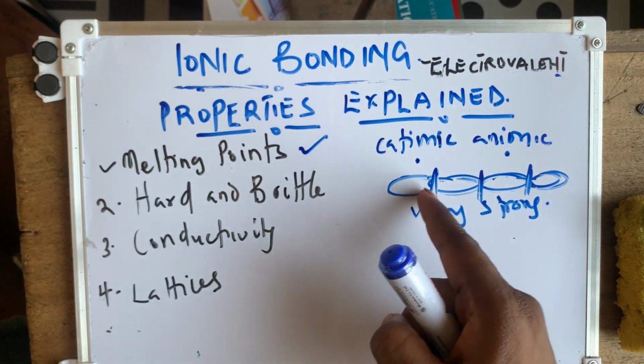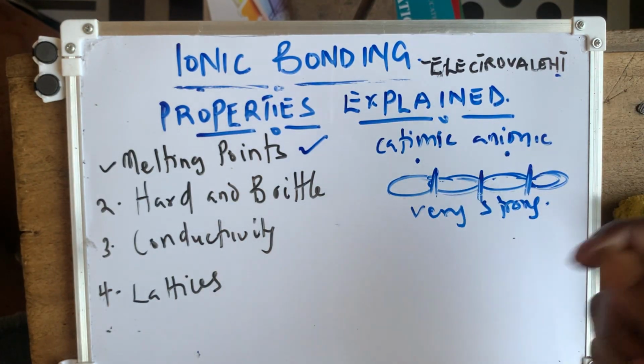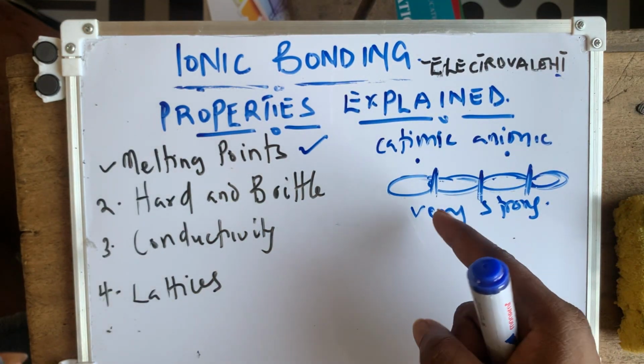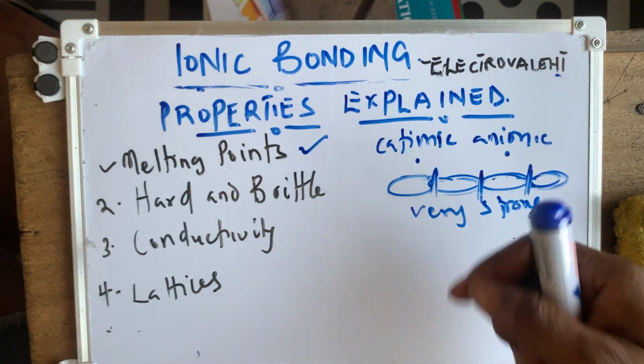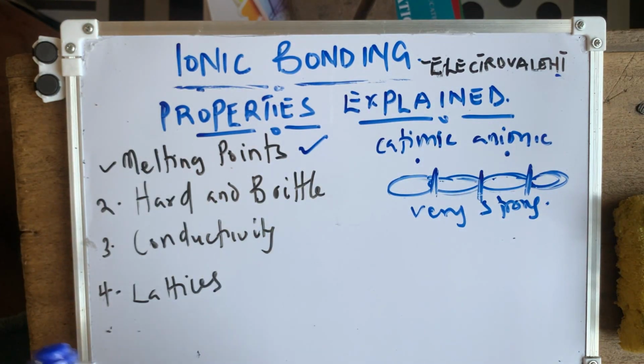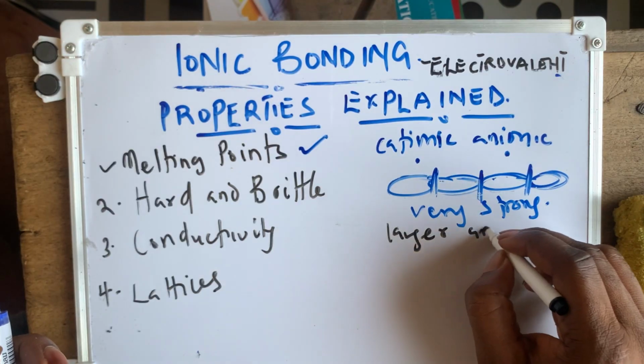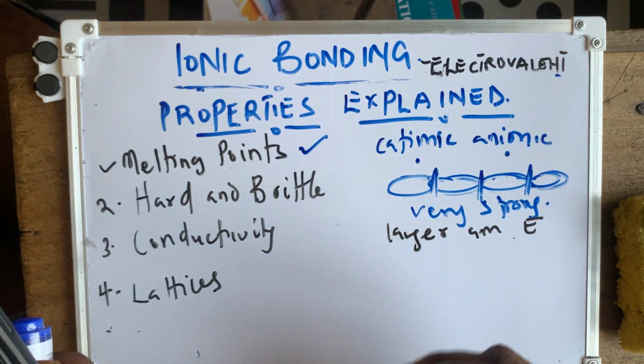The crystal formation that has been formed, creating the ionic networks, in other words the lattices, is very strong. So if you want to melt this compound, you will need a larger amount of energy to break it.